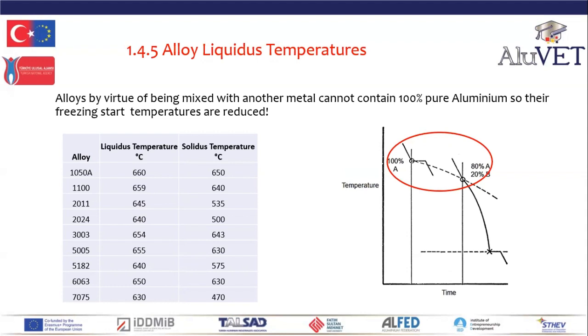Pure aluminium has a melting temperature of 660 degrees C. But as soon as we alloy it, because we have no longer got a starting temperature of pure aluminium, the melting temperature, the solidification temperature of any alloy will be lower than that of pure aluminium. So the freezing start temperatures will be much, much lower than that of pure aluminium.